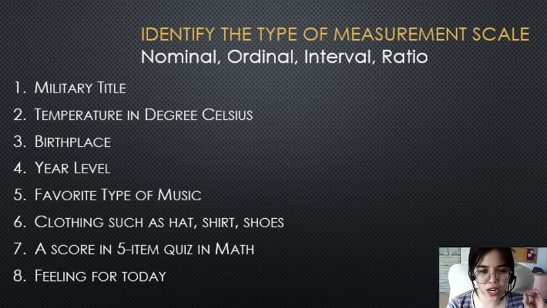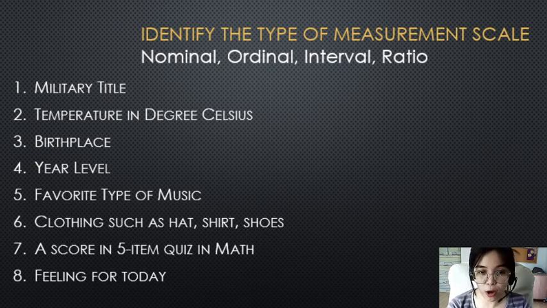Pag zero ba siya, zero lang ba talaga siya or may meaning yung zero niya? Okay. Since yung zero ng temperature ay may meaning pa din or may value pa din, ibig sabihin, wala siyang true zero value. Hindi totoo yung zero niya, no? Wala, kaya nga siya hindi true zero value. Therefore, pag walang true zero value, it is interval. So, ganun mo siya i-identify.